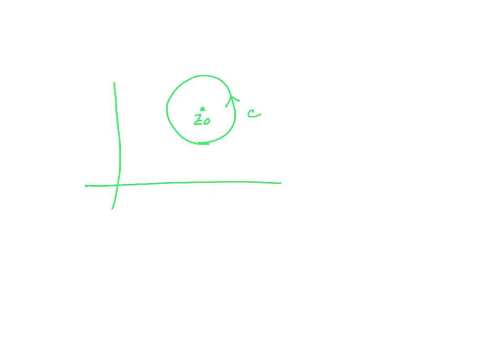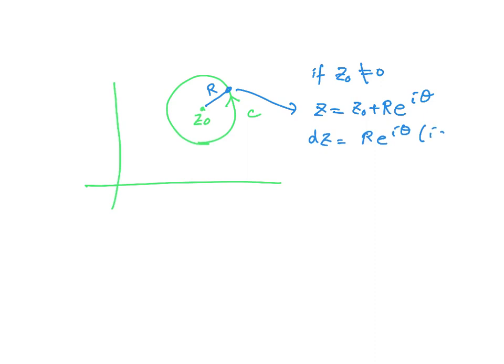So far we have done this for the center, but what if it is not at the center? What will happen? This is still R. So this point can be put as c naught plus R exponential i theta, right? So dz is still R exponential i theta, i d theta.